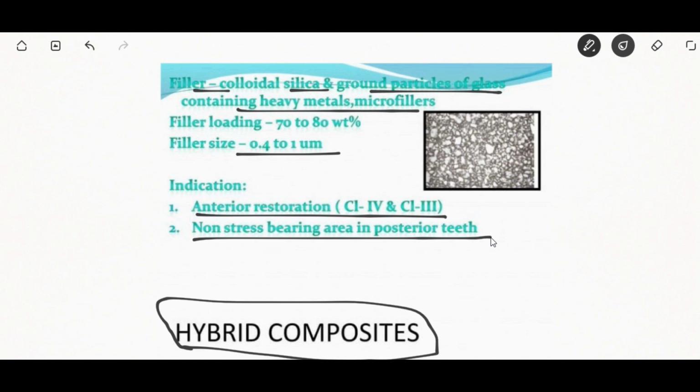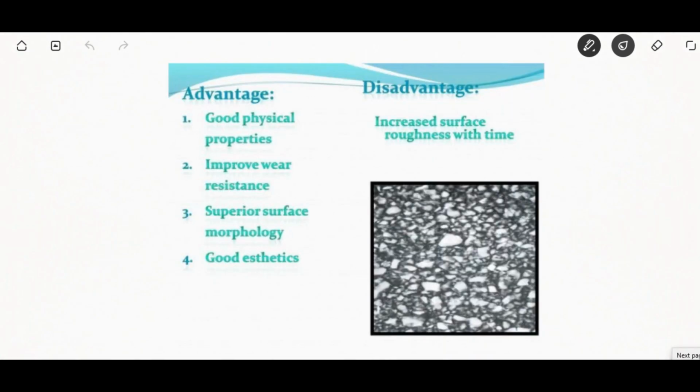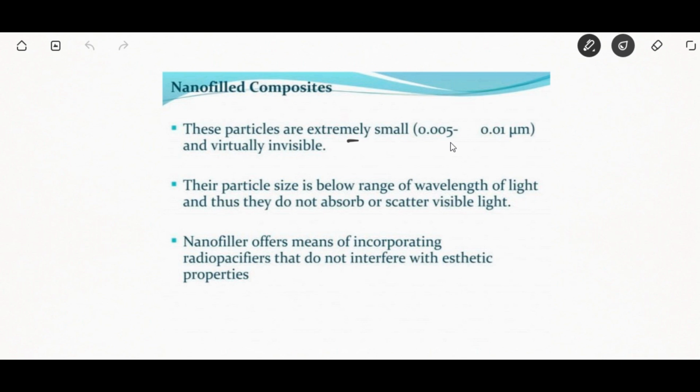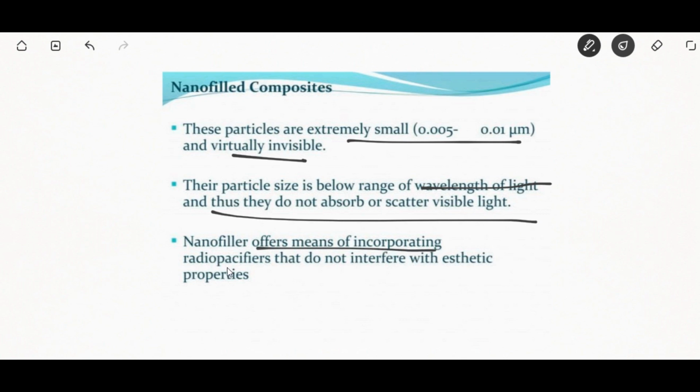They have good physical properties, improved wear resistance, superior surface morphology. The disadvantage is increased surface roughness with time. The nanocomposites are extremely small composites. Their particle size is below the range of the wavelength of light and they do not absorb or scatter visible light.